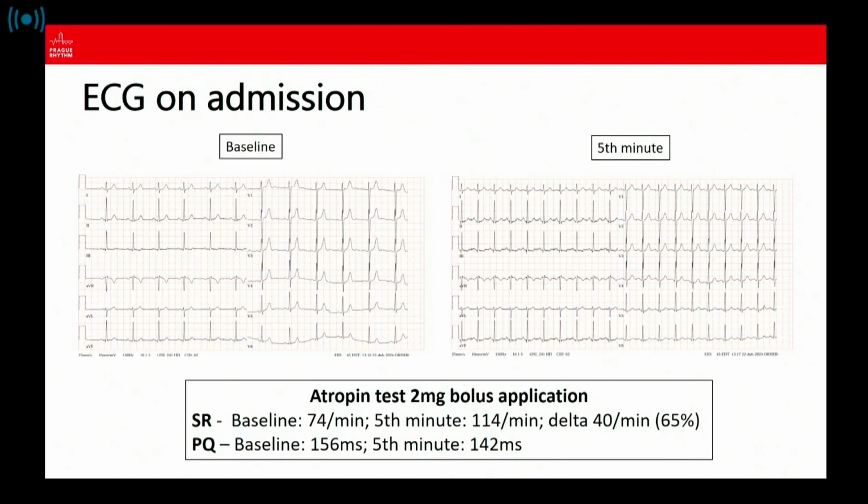Can we show the next slide? This is her ECG on admission. We are doing atropine test in those patients just to prove that this block or this asystole is caused by reflex, not by intrinsic dysfunction of the sinus or AV node.